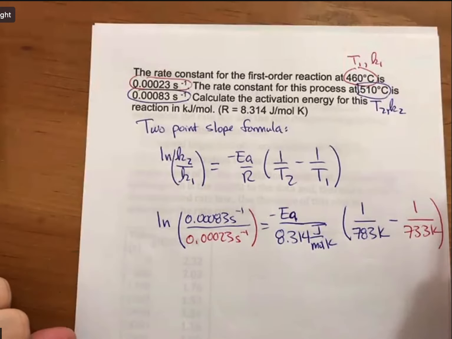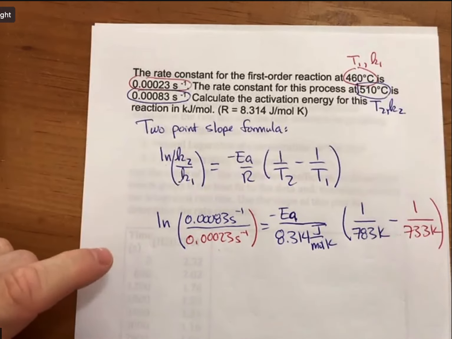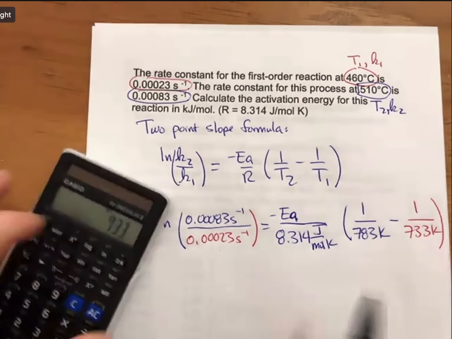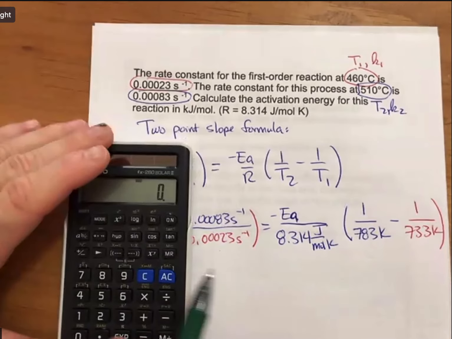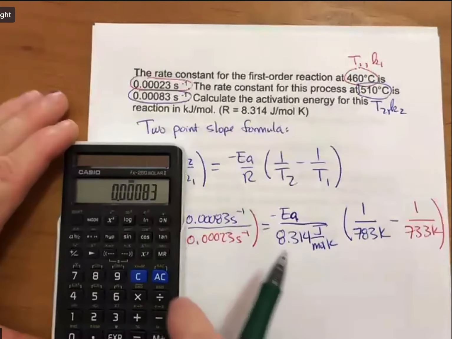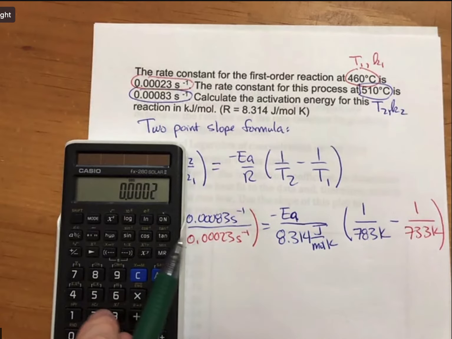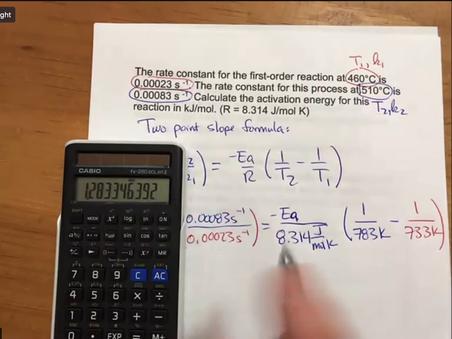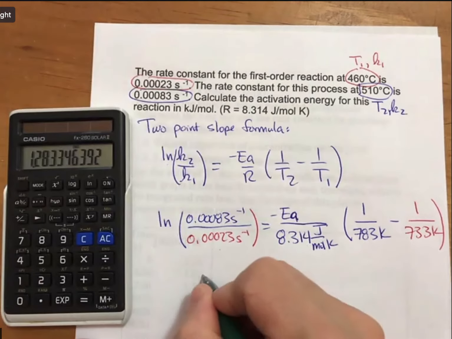I'm going to start by working the left-hand side. 0.00083 divided by 0.00023. Natural log it. I get 1.28.